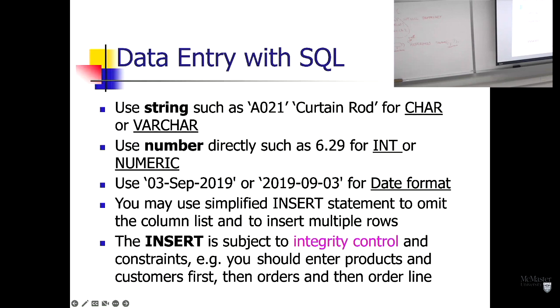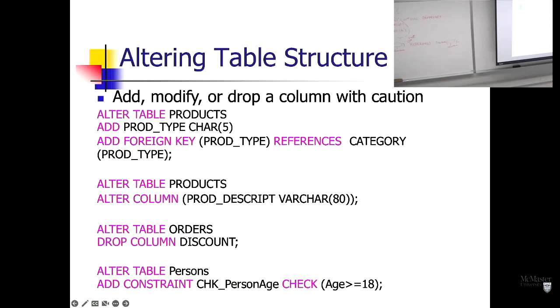Okay. So the insert is subject to integrity control. Now we all know what that means. And now we learned how to create tables and insert information in the table. What if we want to alter that information? We use the alter table command.